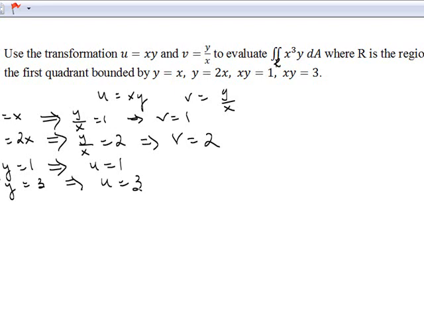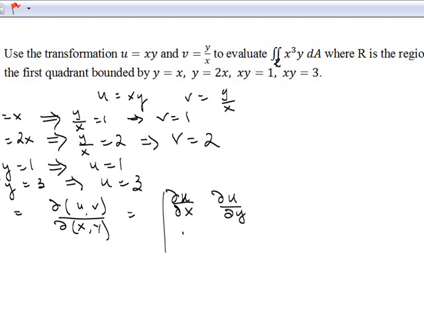Shall we find the Jacobian? Now again, I'm going to use method B and find 1 over j, because we have u equals xy and v equals y over x. So 1 over j equals the partial of (u, v) with respect to (x, y), which is the determinant of partial u partial x, partial u partial y, partial v partial x, partial v partial y.